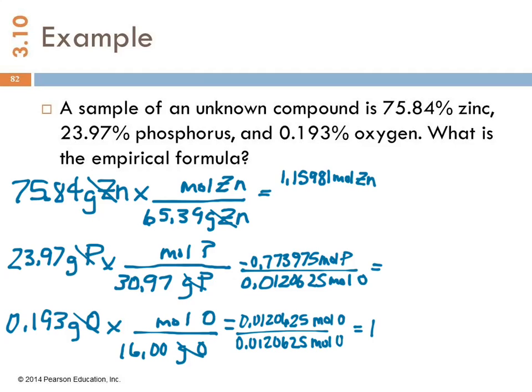I'm getting 64. Anybody else getting 64? That just seems like a really, really weird number. That's what it is. 64.637.